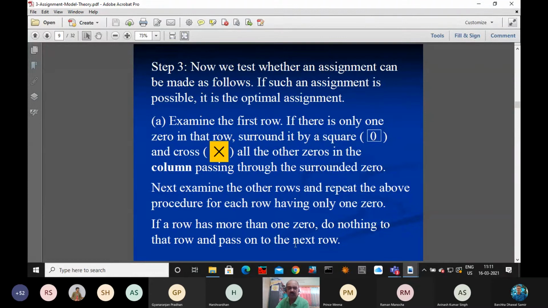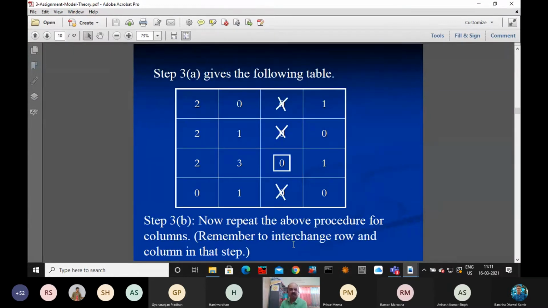So if it is more than one 0, you can move to the next one. Now see here.